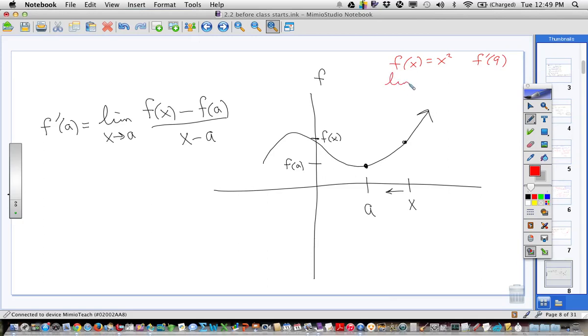We just said the limit as h approaches 0 of f of 9 plus h minus f of 9 over h. Now, when we actually wrote that out, it would be the limit as h approaches 0 of (9 plus h) squared minus 9 squared all over h, right? And we'd have had that.